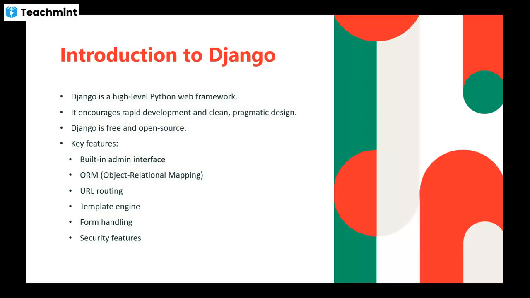And there is ORM support in Django, which stands for object relational mapping. In the previous class we discussed how to communicate with a database, right? We communicated with the database using SQL. I said that we don't use SQL in Django. Instead of SQL, we use ORM, which is object relational mapping.